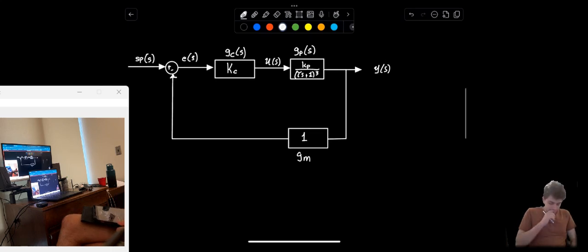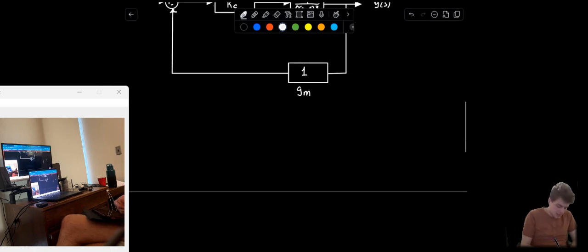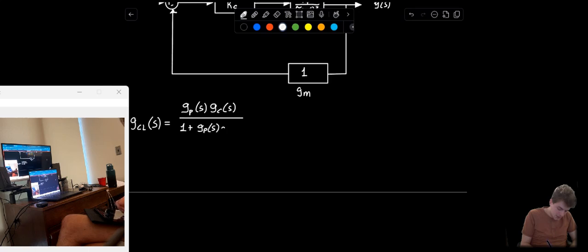So often what we do here is we define a closed loop gain for the system as a function of S. And without getting too deep into this derivation, what we generally quantify this as is the gain of the process times the gain of the controller over 1 plus gain of the process times gain of the controller.